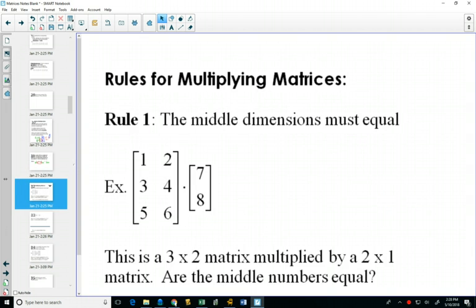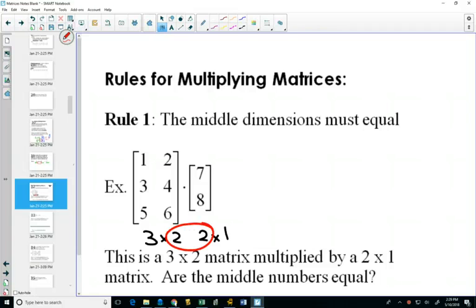So let's look at the rules for multiplying. The middle dimensions must be the same, so this is fine because we have a 3 by 2 multiplied by a 2 by 1. Our middle numbers are the same, so yes, you can multiply these.